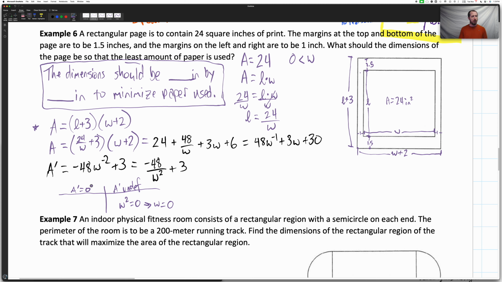So let's go to our calculator to find where A prime could be 0. All right, so let's go to calc. Oh, I didn't go to my calculator.